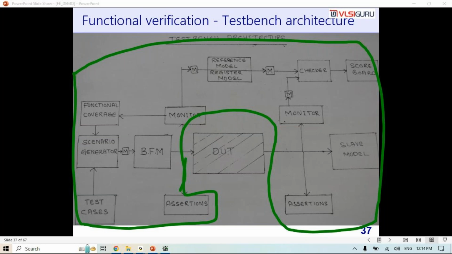And using that, I will check whether there are any mistakes inside this code. If there are any mistakes, they will be caught at this level. There is a checker. Do you see the checker here? The checker is for checking purposes. The scoreboard is for keeping track of how many passes and how many failures happened.